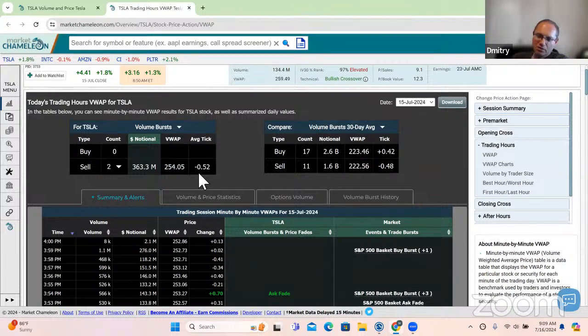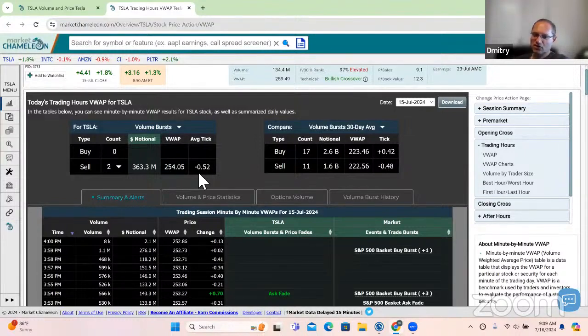The way we tag a buy side volume burst is if a large trading volume was detected on an uptick from the previous VWAP. So we're comparing VWAP to VWAP, and if the VWAP shifted higher, then we call that a buy volume burst.